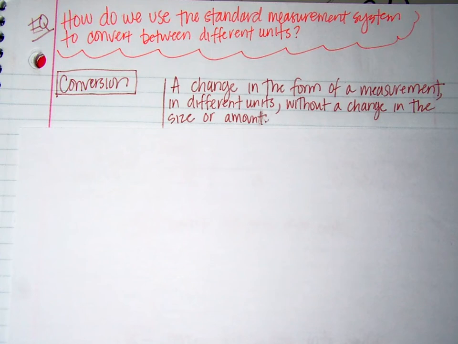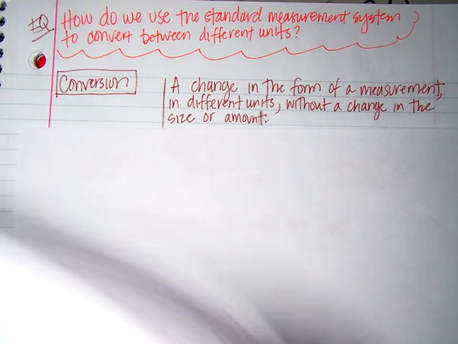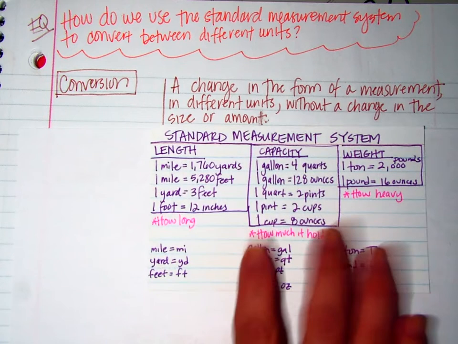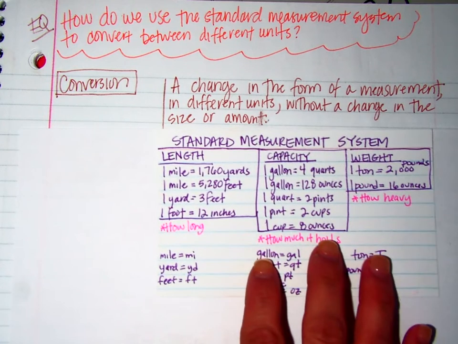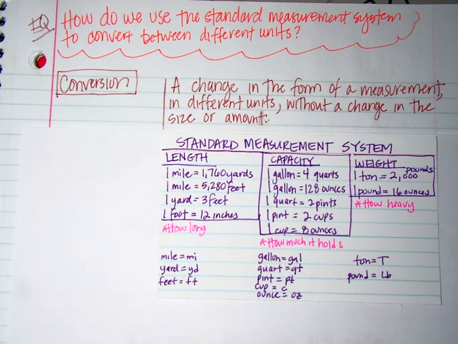to have that dollar. So, for conversions and the standard measurement system, we are going to be using these three types. We have length, we have capacity, and we have weight. Length is just how long something is. Capacity is how much this container would hold, and then weight is how heavy something is.